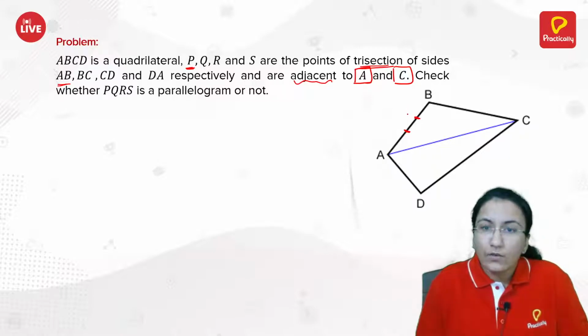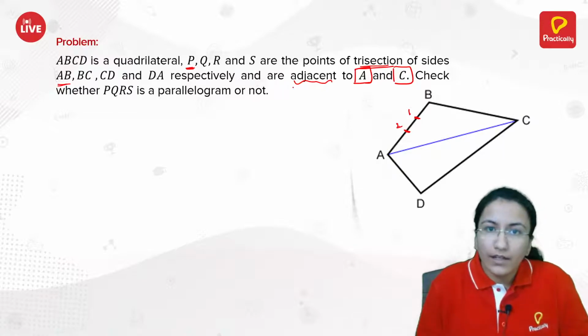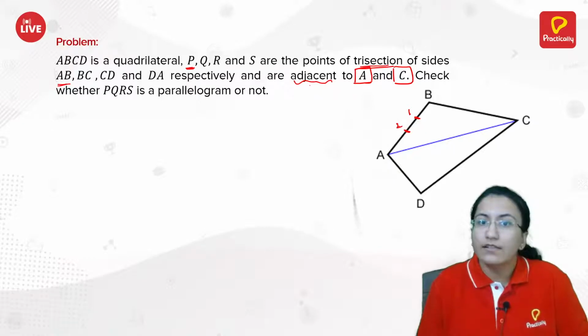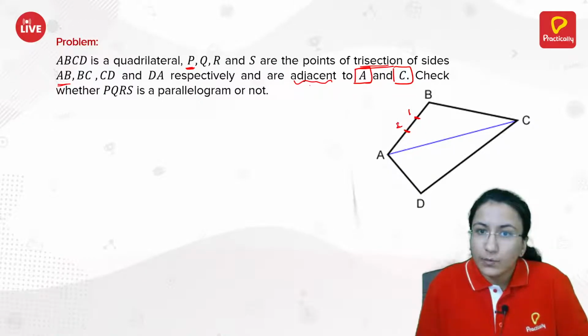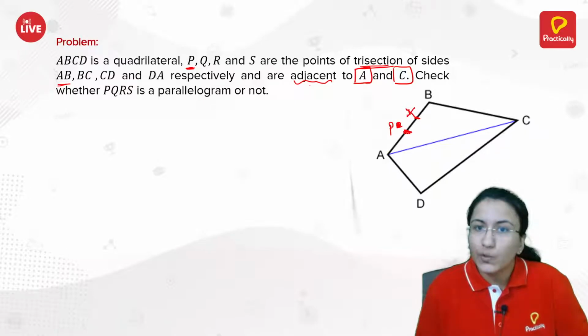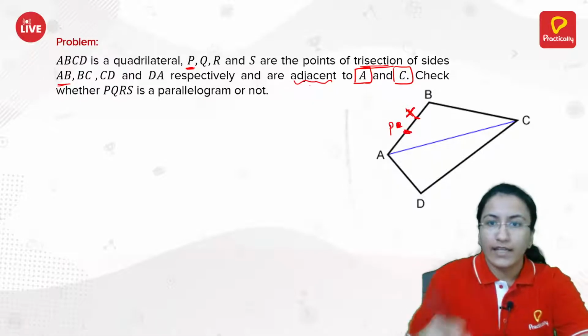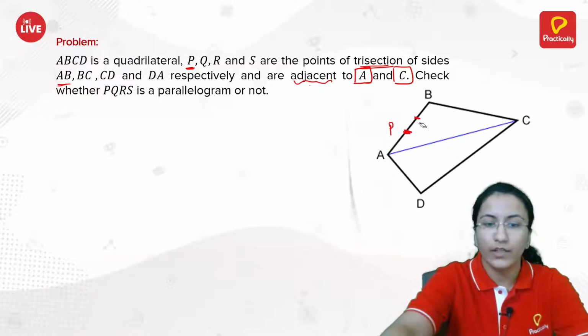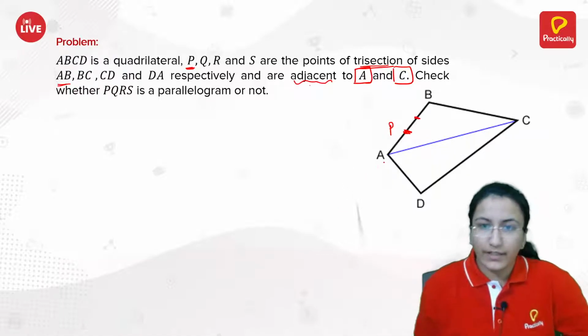Now we need to know which point will be P. For that we would again read this line. The point which we need to take is adjacent to A. That means this point will be P, not this point. Why have we considered this point as P and not the other point? Anyone having any doubt? Okay, yeah, you got the point.